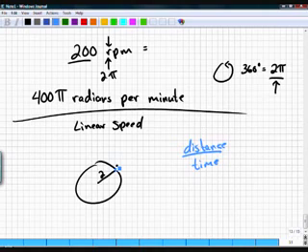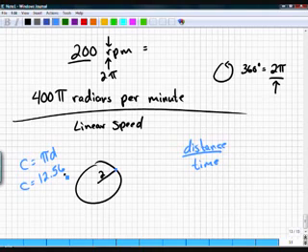What did we call that a while ago? If this thing goes around one time, that is the circumference. The distance around it once is the circumference. So let's find the circumference real quick. Pi d. What is d? 4. What is pi? 3.14. 3.14 times 4 is 12.56.